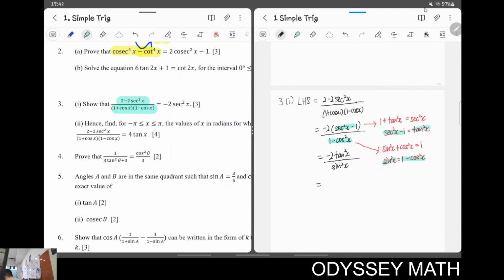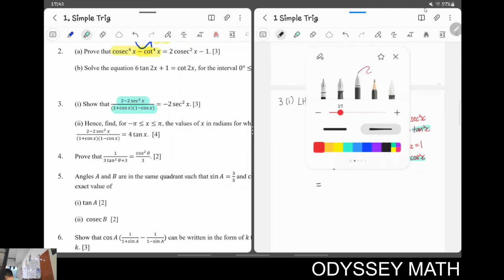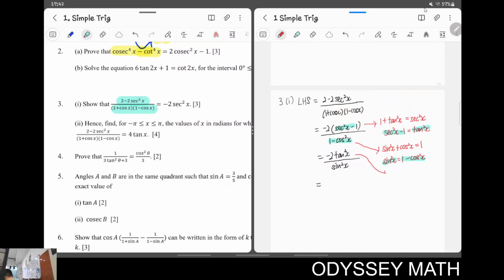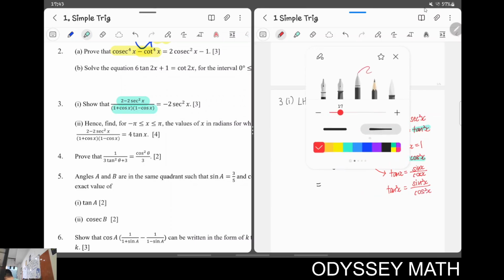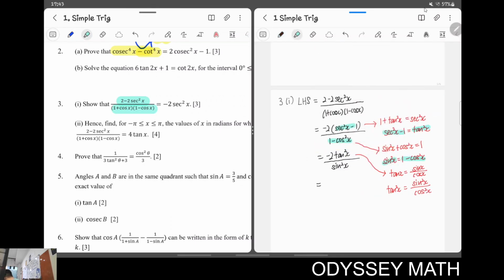And we noted that tangent x is sine x over cosine x. So tangent square x would be equals to sine square x over cosine square x. So I will replace this with this right here.